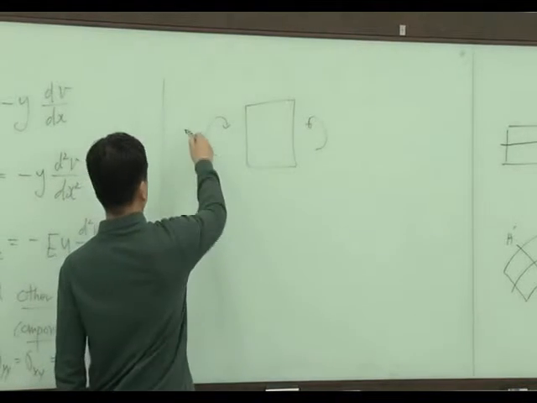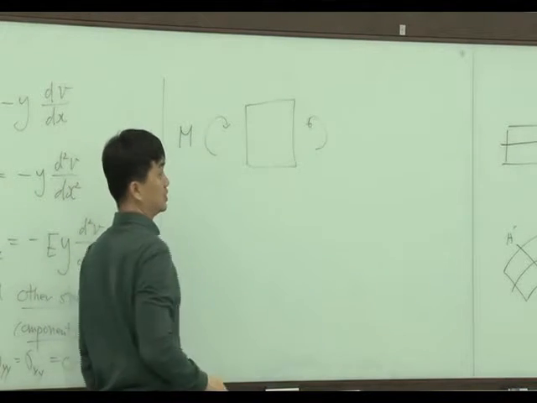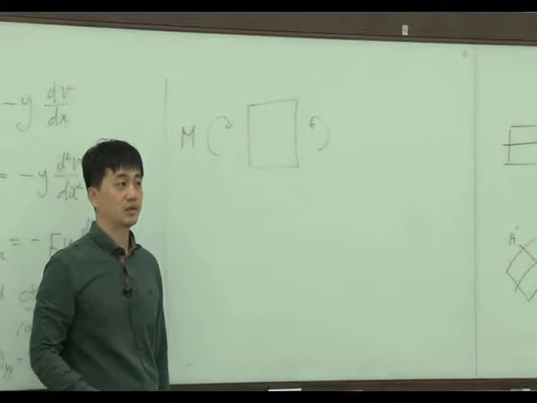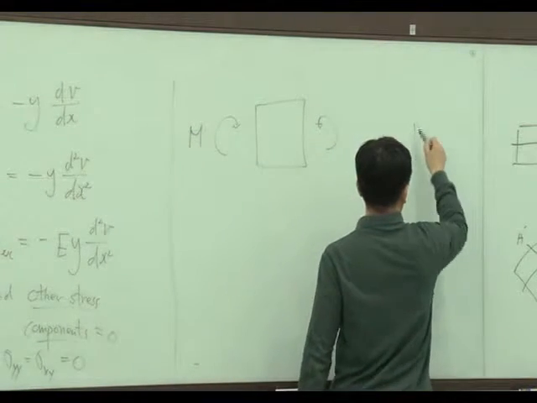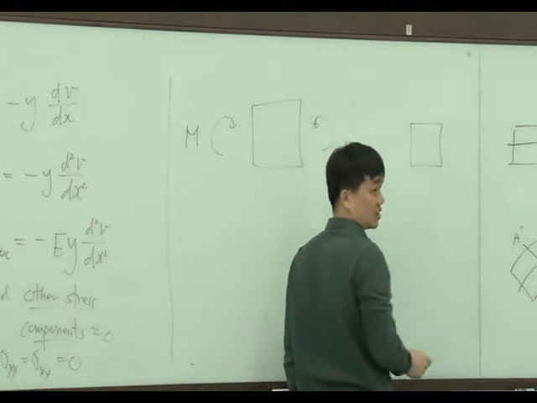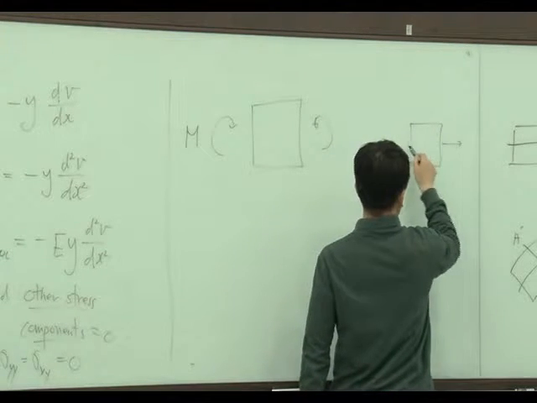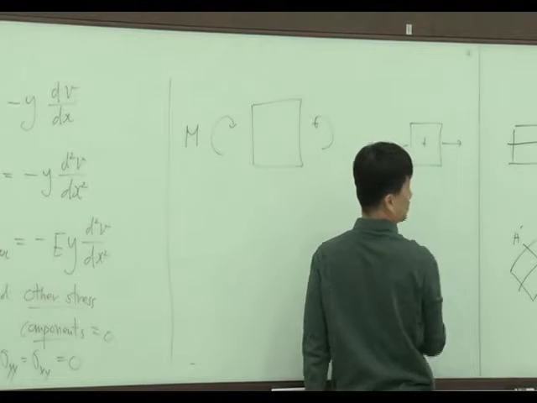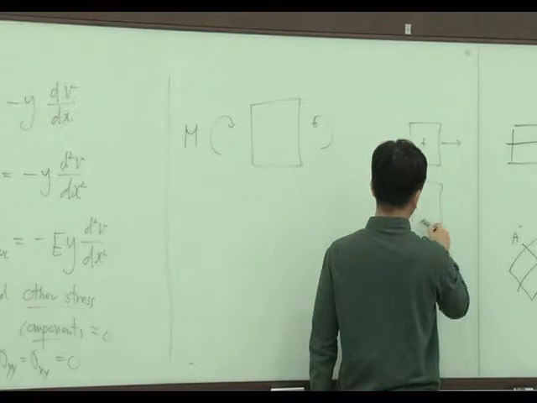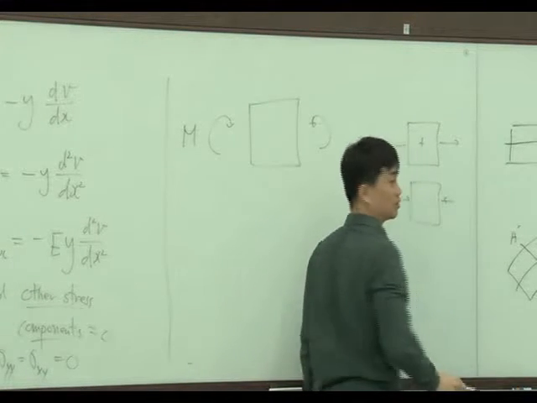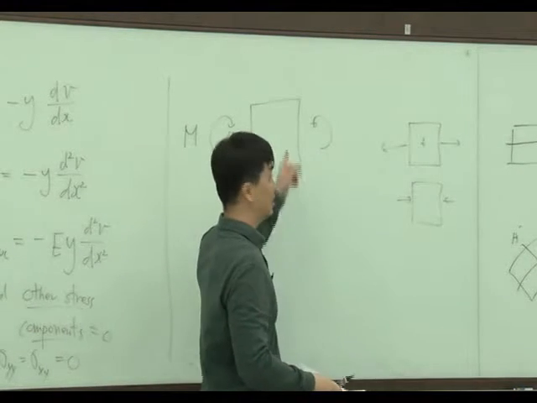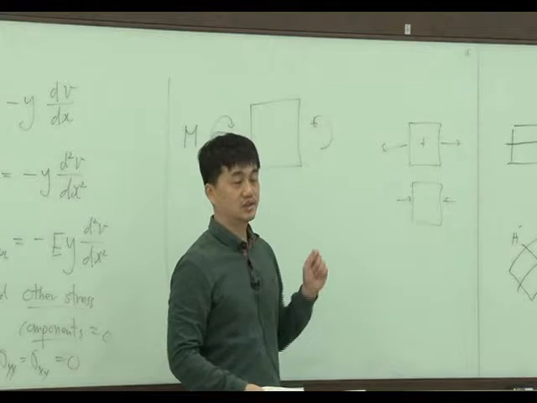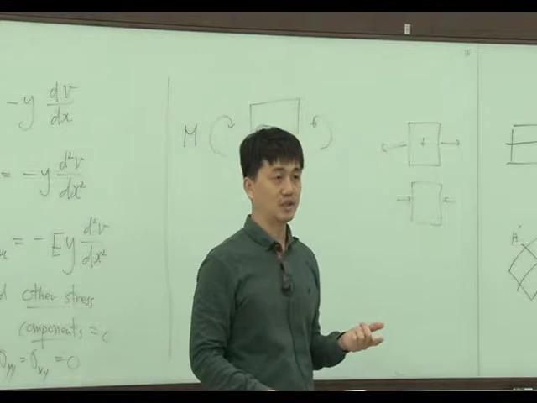Moment M. So this is a positive moment. You remember when we defined the stress, this was a positive stress, right? And this was a negative stress, right? Similarly, we can define the sign of a bending moment.